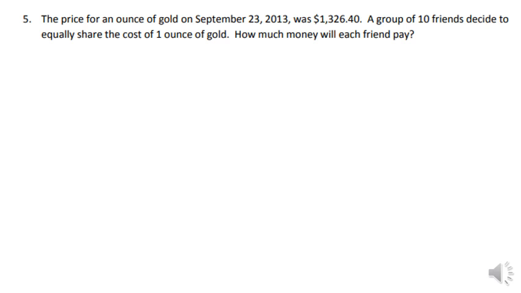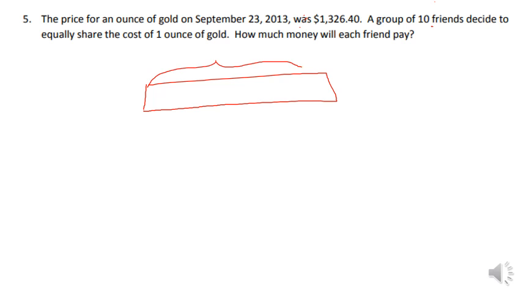The price for an ounce of gold on September 23, 2013 was $1,326.40. A group of 10 friends decided to equally share the cost of 1 ounce of gold. How much money will each friend pay? So let's take a look at our tape diagram. And we know the total cost here was $1,326.40.